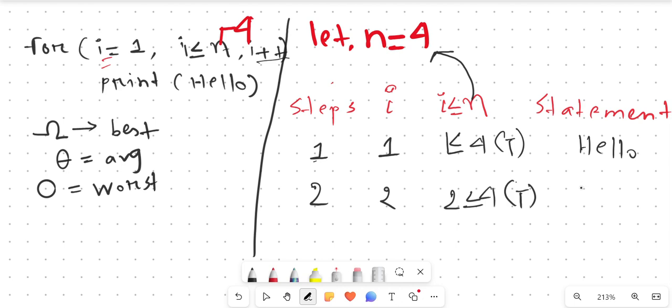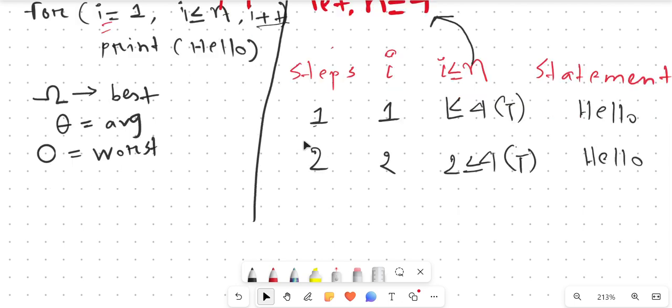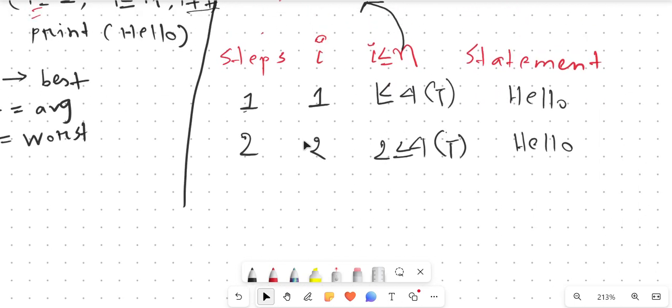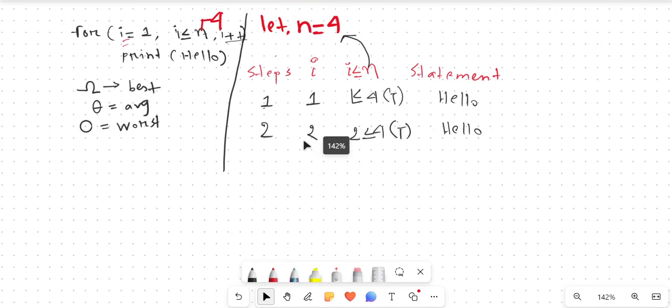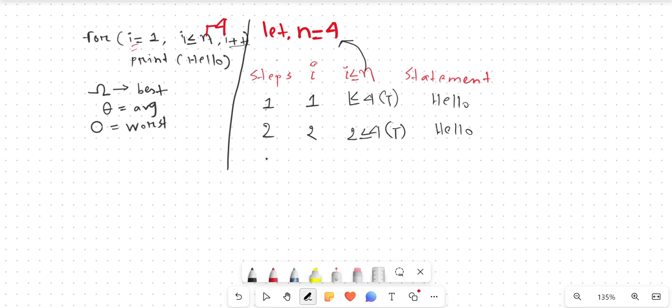That means I'm going to write the statement, hello. In my third step, is 3 less than or equal to 4? Yes, it's true as well, and my statement is going to be printed.